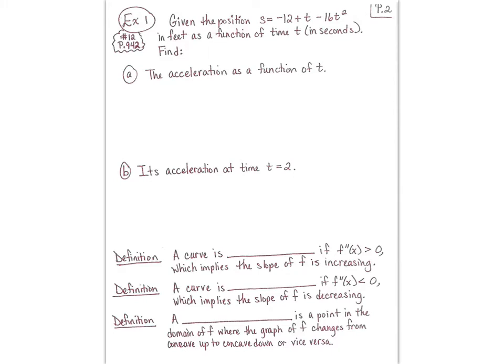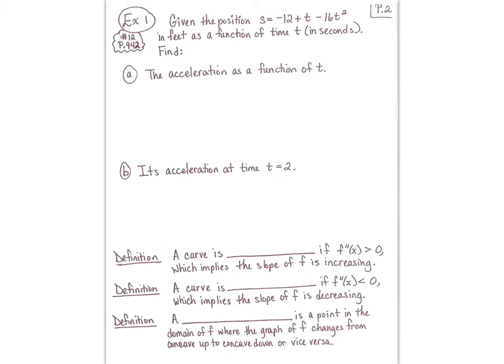Okay? So now, given the position function, s equals negative 12 plus t minus 16t squared in feet as a function of time t in seconds, we want to find the following. We want to find the acceleration as a function of t or time, and then b, we want to find its acceleration at time t equals 2.